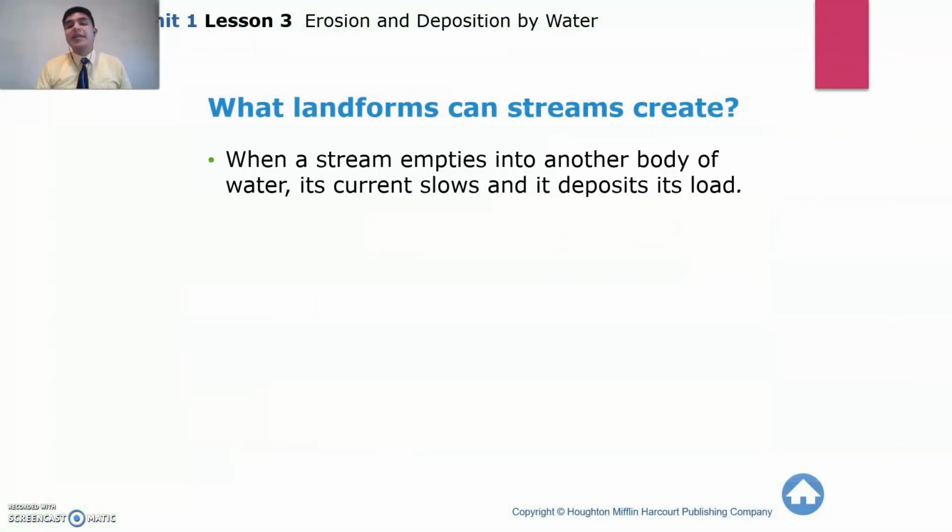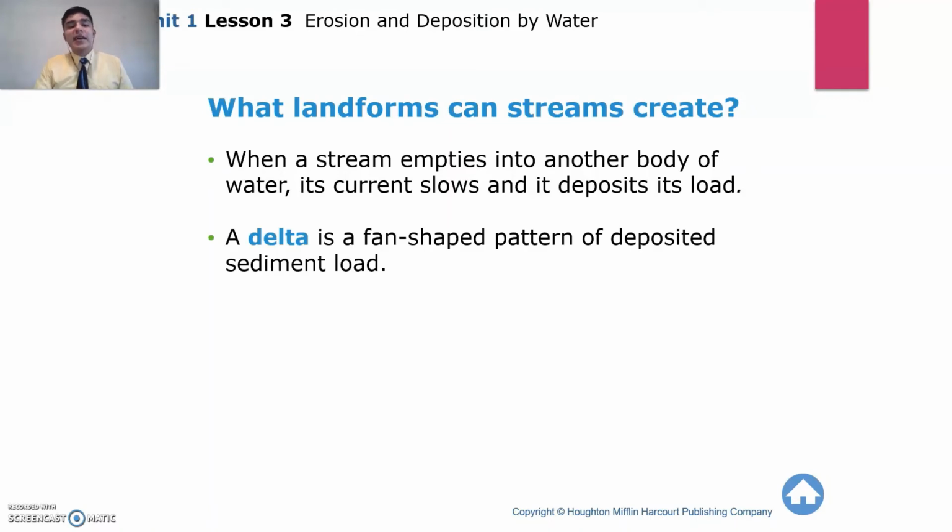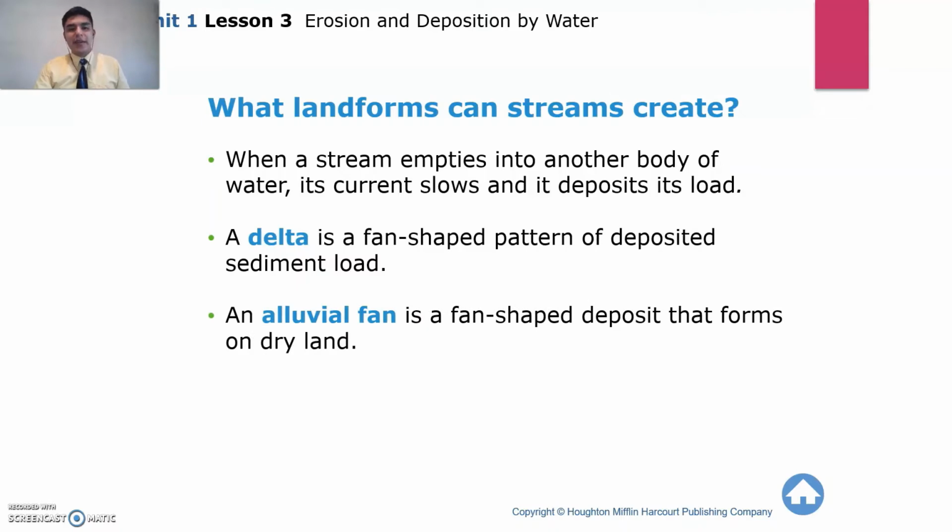When a stream empties into another body of water, its current slows and it deposits its load. Just like the example I gave you, when a river arrives at a lake, the currents just slow down. A delta is a fan-shaped pattern of deposited sediment load.